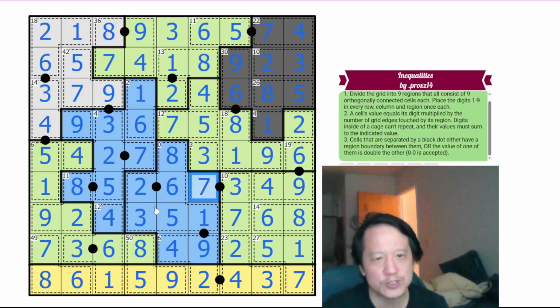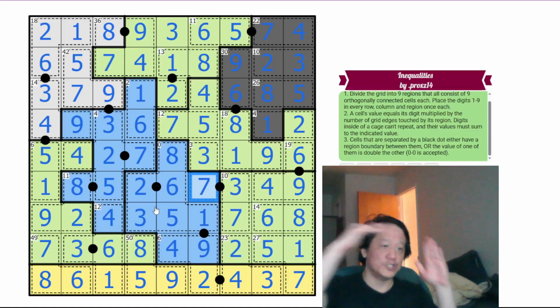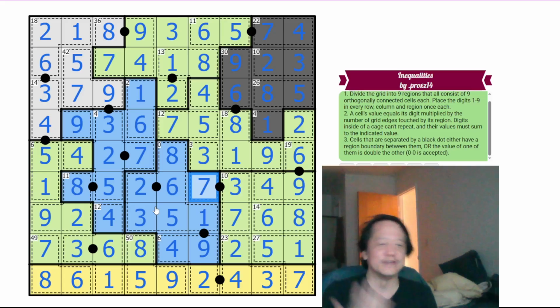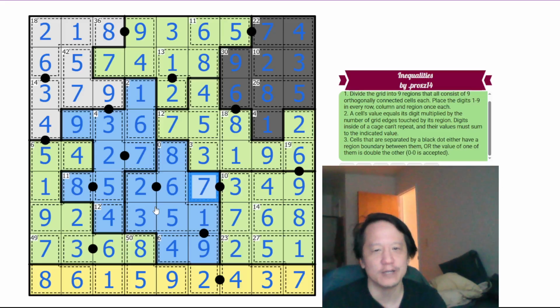Lots of geometry, lots of adding things together, lots of adding, and I don't even know if that's a word. Geometrizing of the puzzle to try to figure out what can be where, right? But that was very satisfying though. Very satisfying.